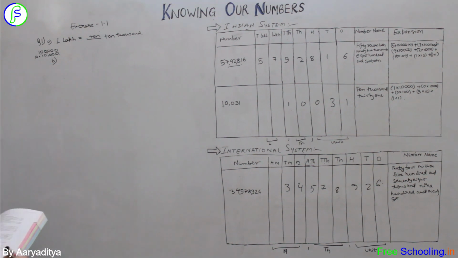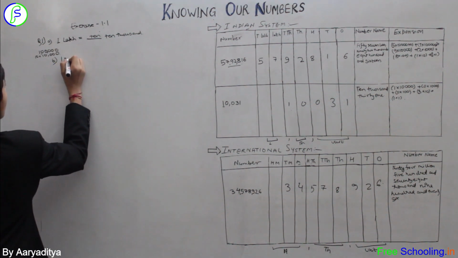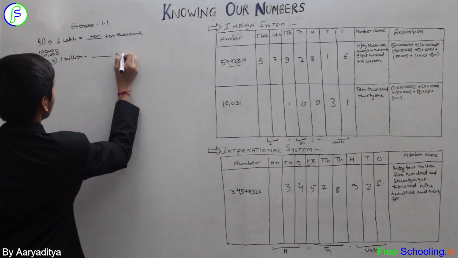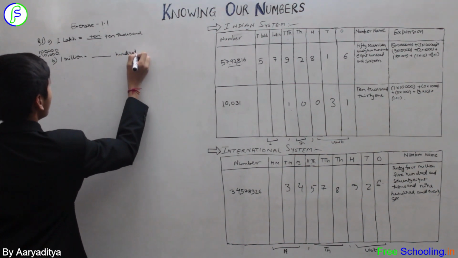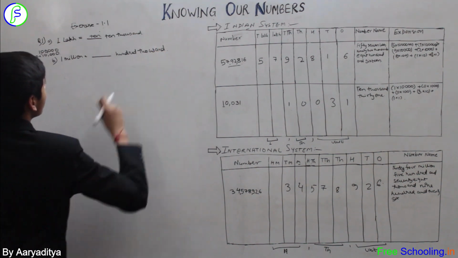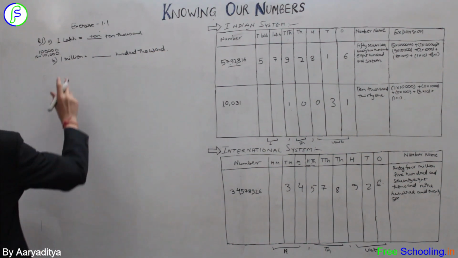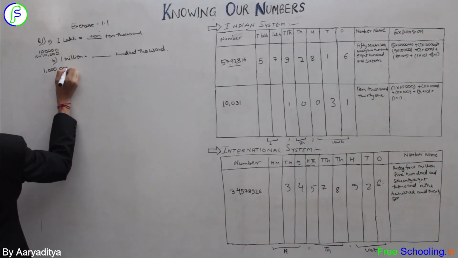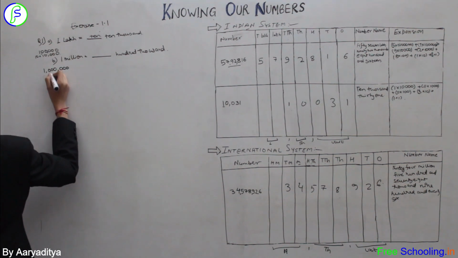B part, it says 1 million is equal to dash 100,000. Now let us do this one. Numeral form of 1 million and numeral form of 100,000.